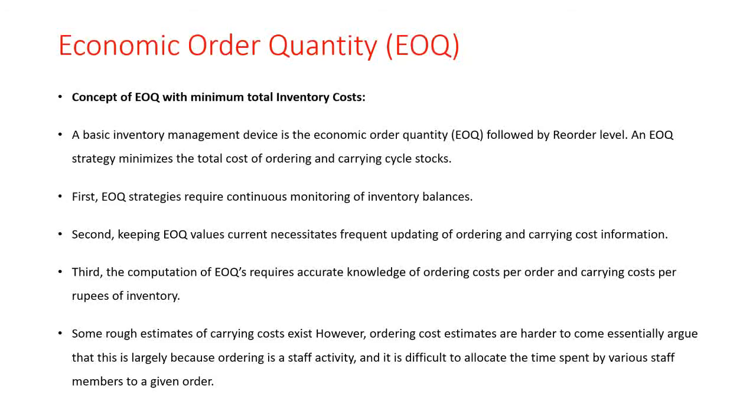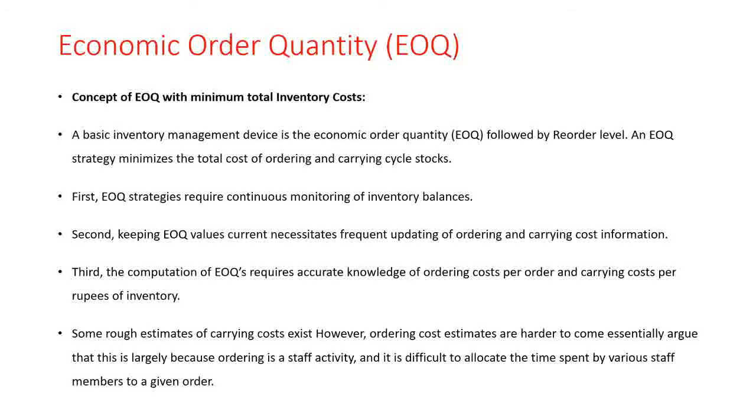The first is that economic order quantity strategies require continuous monitoring of inventory balances. The second is that keeping economic order quantity values current necessitates frequent updating of ordering and carrying cost information.